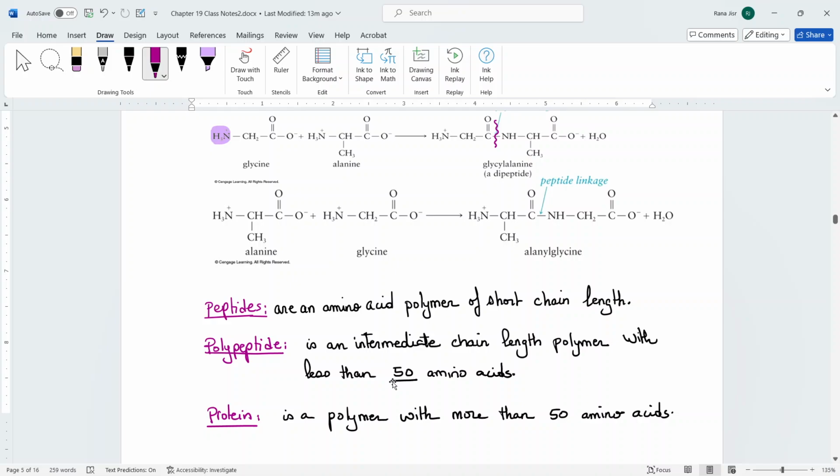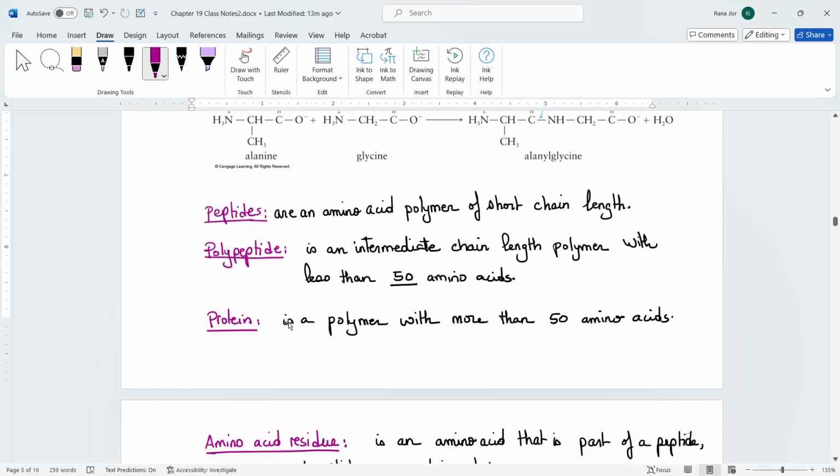Now, when you have more than 10 amino acids, up to 50 amino acids, we call this a polypeptide. A polypeptide is an intermediate chain length polymer with less than 50 amino acids. Proteins are polymers that have more than 50 amino acids.